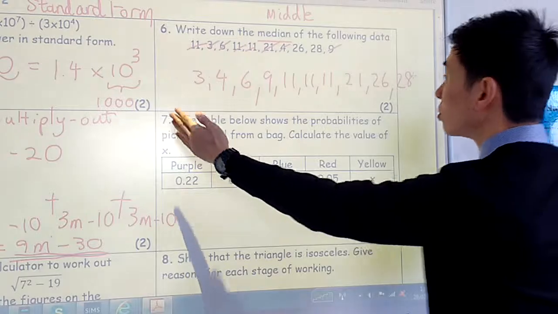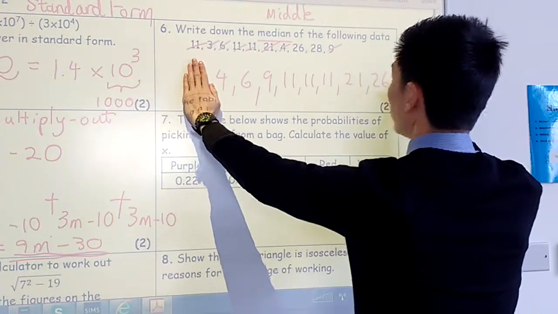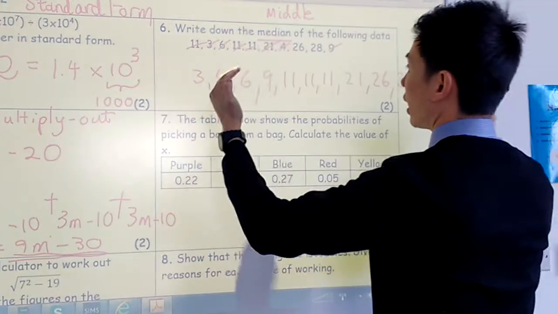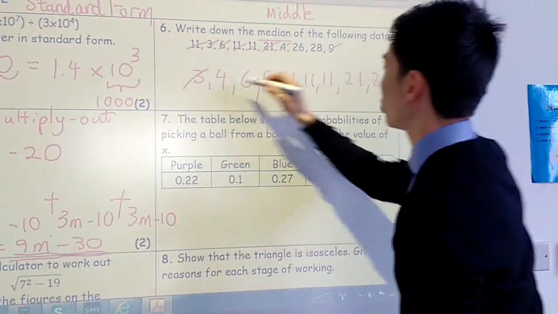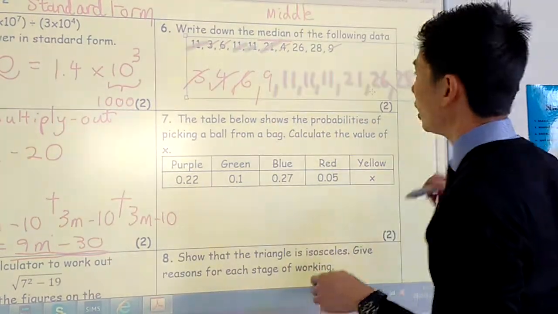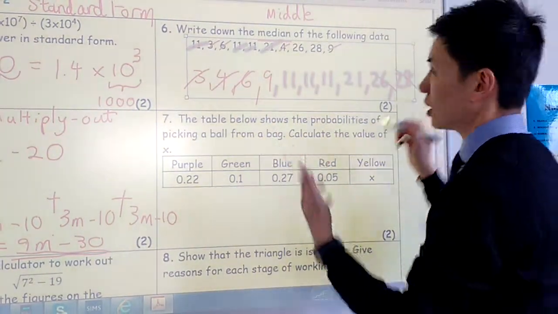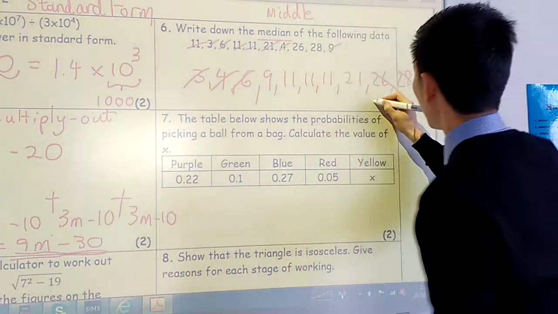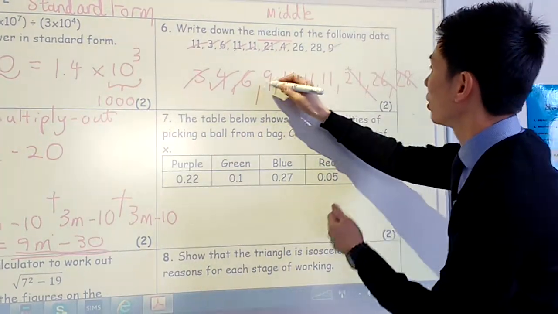Find the middle value. So what you do is you can cover it if you got it on the paper, or you can cancel it out like I do as a pair. Notice how I draw my line the opposite way, so that way I can see which pair I'm getting rid of.